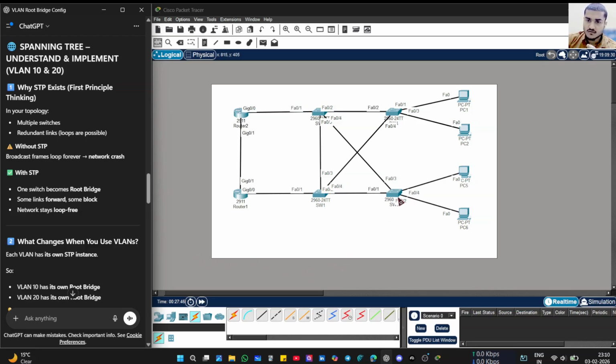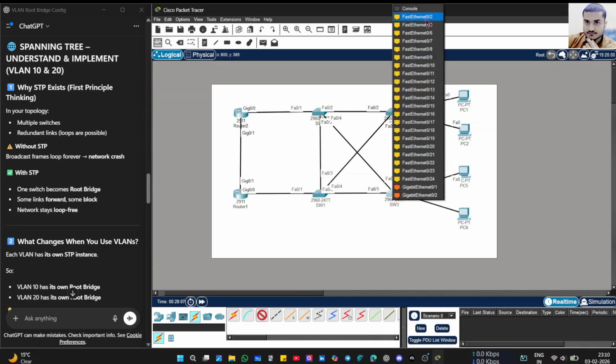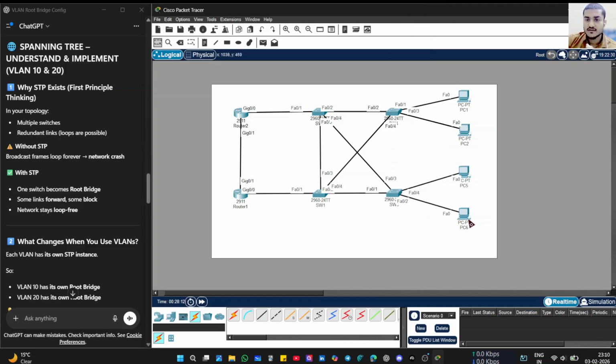If I talk about listening and learning, take all the end devices like these PCs. If I remove the cable and connect it again, it will take 30 seconds.